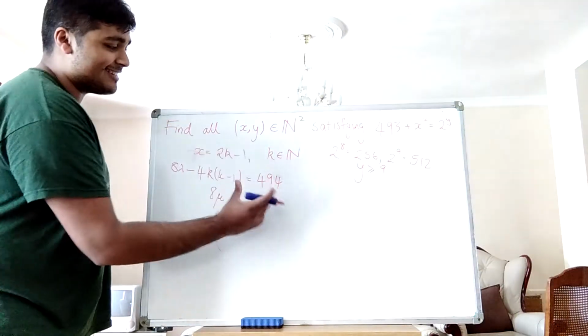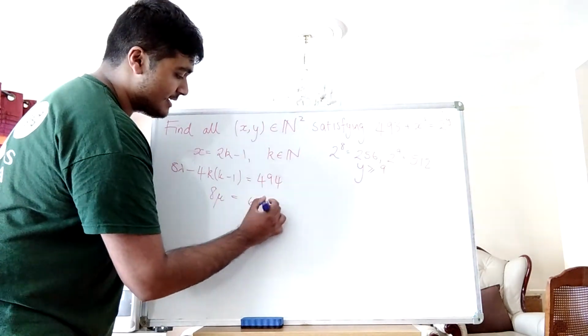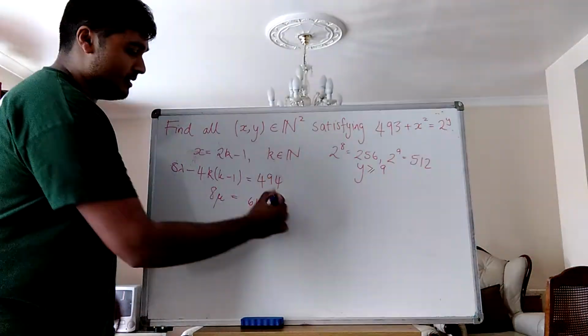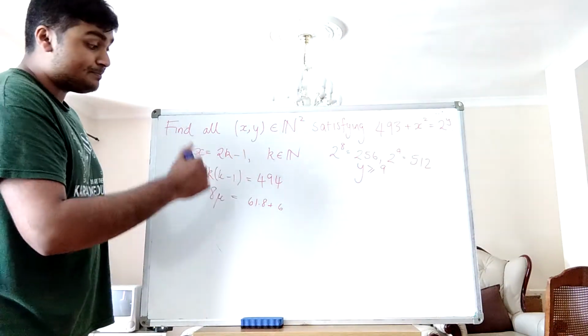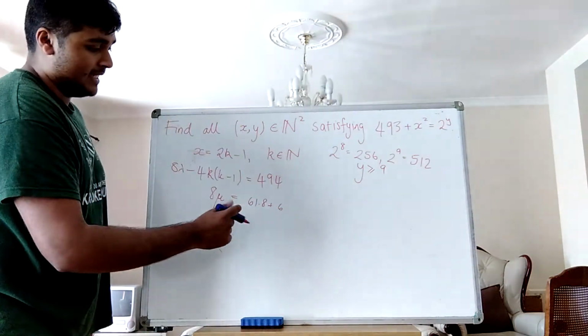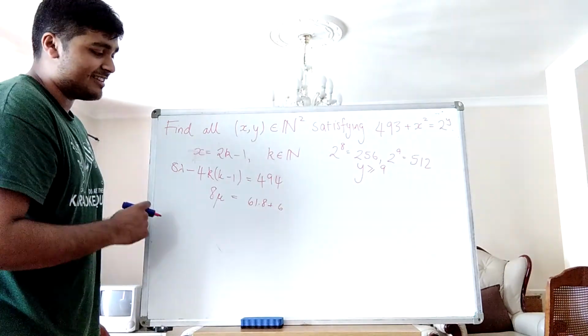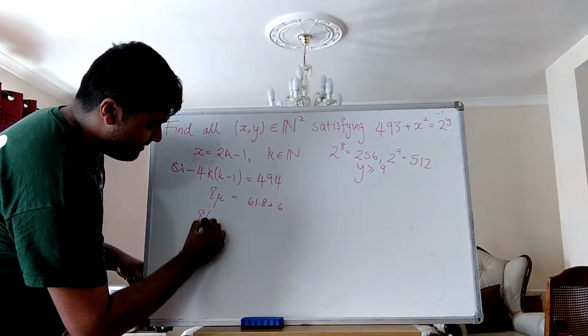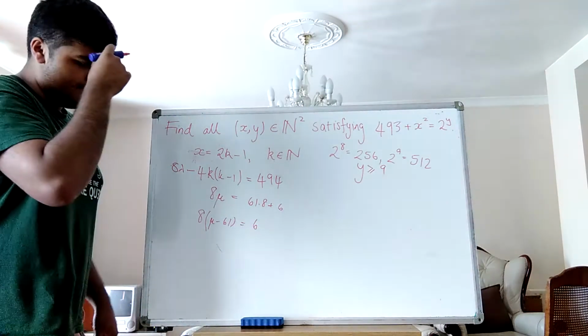But the right-hand side is 494. Now this is 61 times 8 plus 6. 61 times 8 is 488, then plus 6 makes it 494. If I bring the 61 times 8 to this side, I get 8 times (mu minus 61) equals 6.